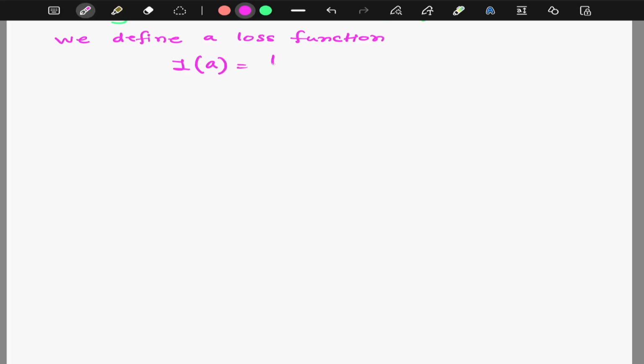L(A) = 1/n summation over i equal to 1 to n of (yi minus A transpose phi of xi) square. Okay. What is this loss function? Mean squared, or L2 loss.